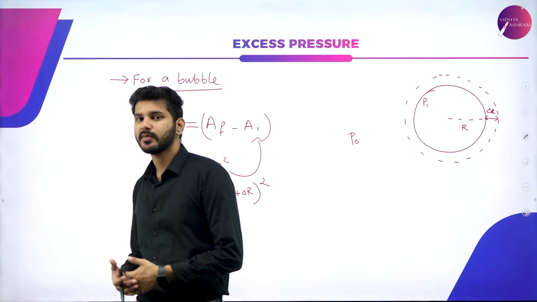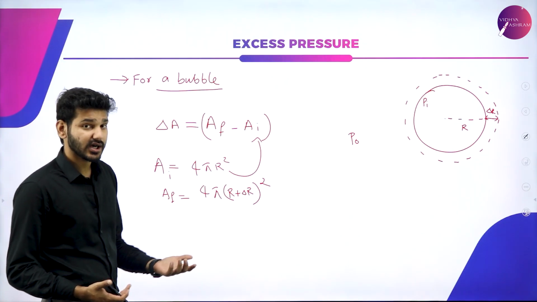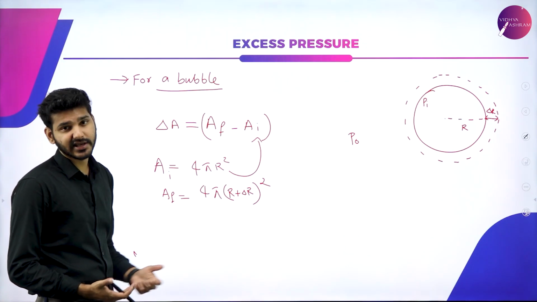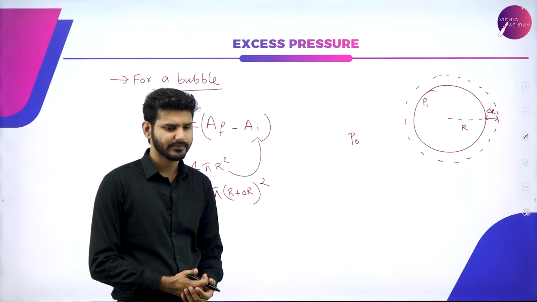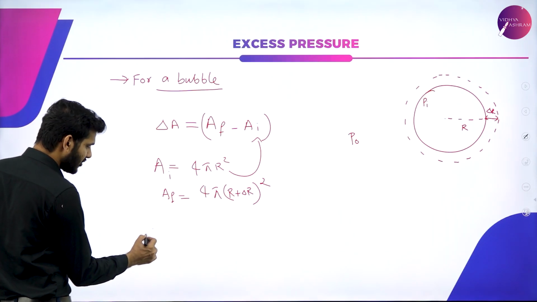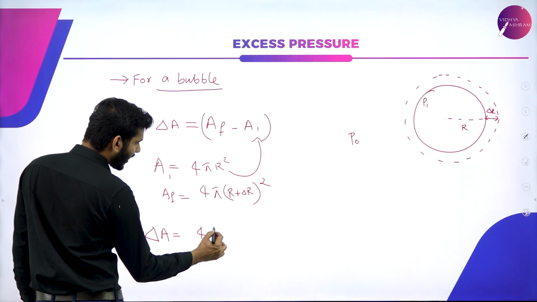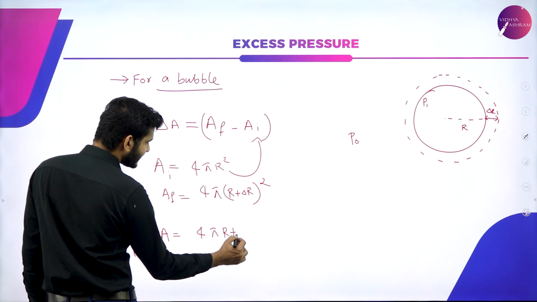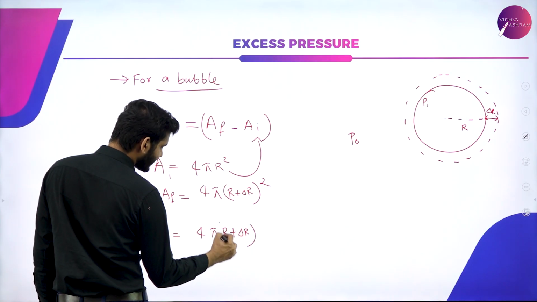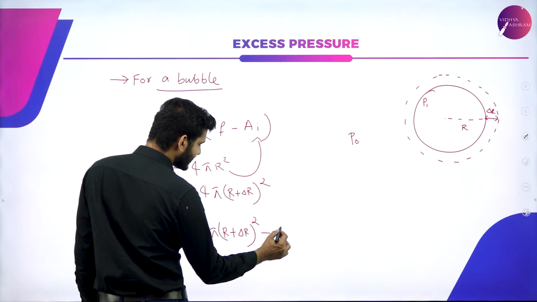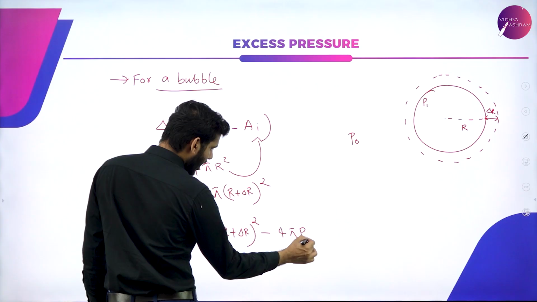So the change in area is 4 pi r plus delta r whole squared minus 4 pi r square.